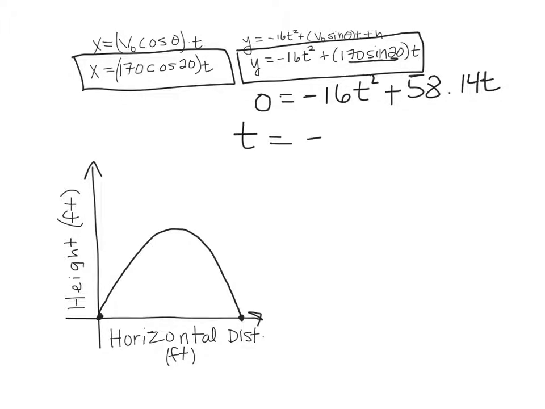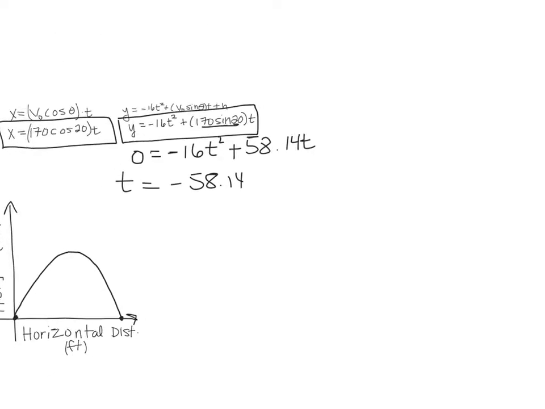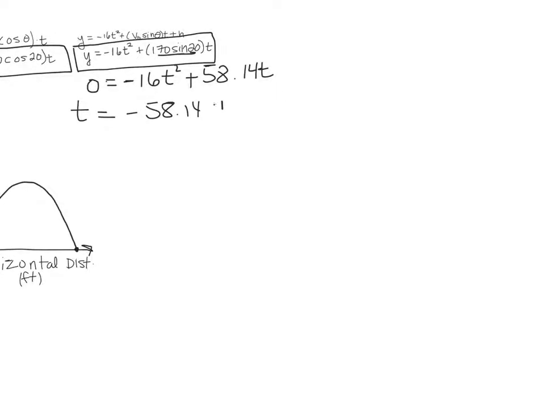We have the opposite of b plus or minus the square root of 58.14 quantity squared minus 4 times a times c, which is 0.